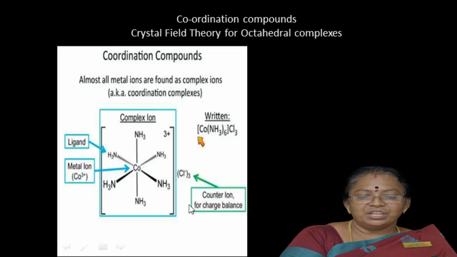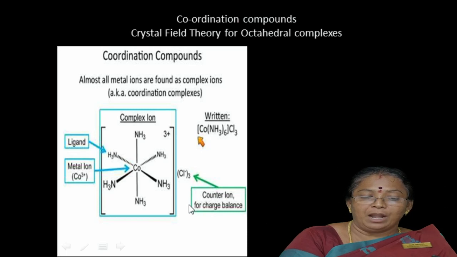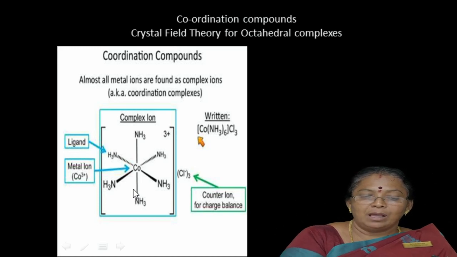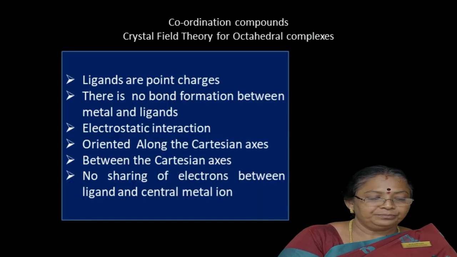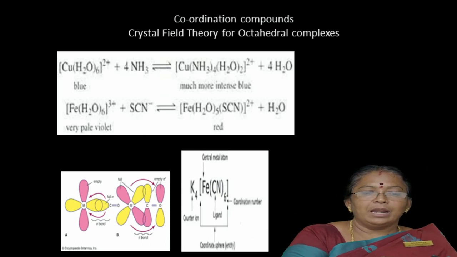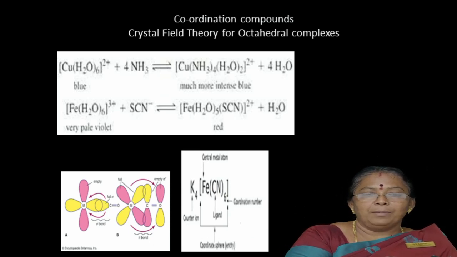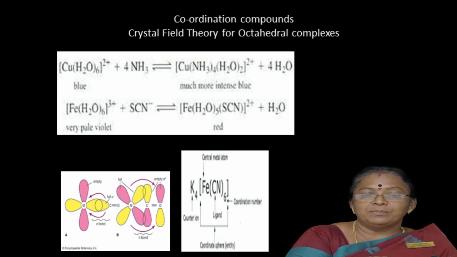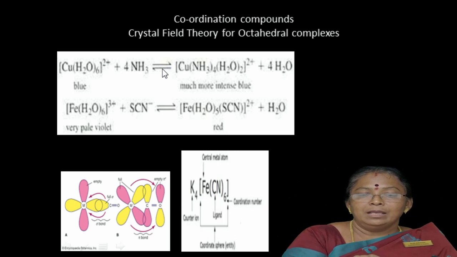This is the coordination complex. The coordination number of cobalt is 1, 2, 3, 4, 5, 6, so it is an octahedral complex. Similarly, copper is the metal, the 6 ligands are aqua, and then water molecules are replaced by ammonia ligands.